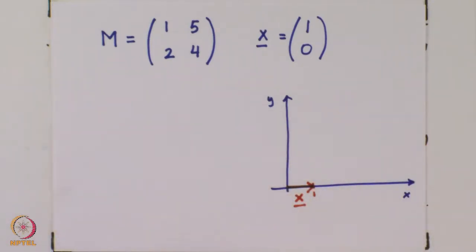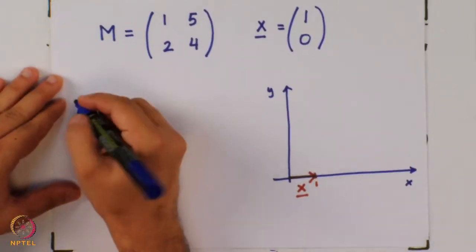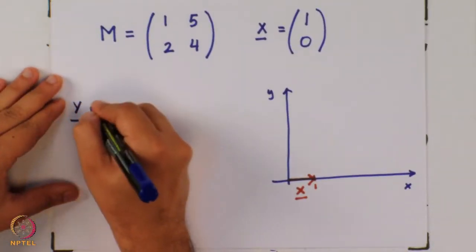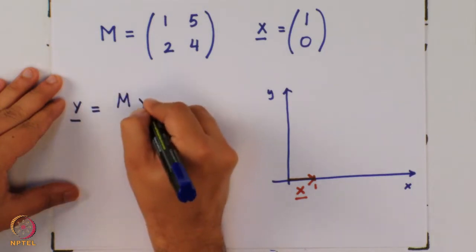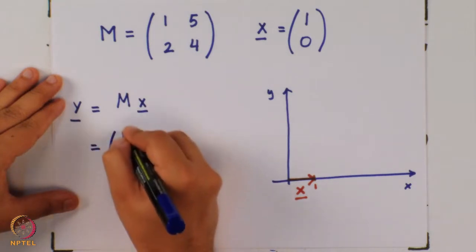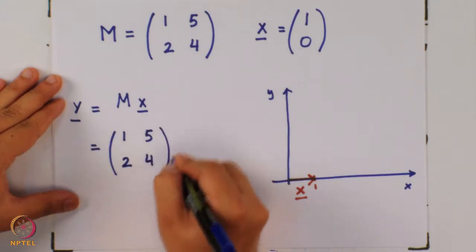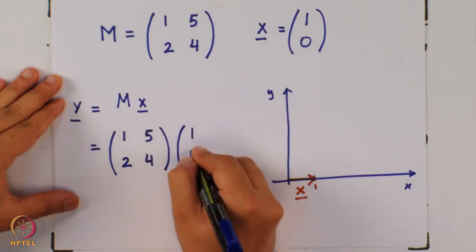Now, what happens when I multiply this with my matrix? Let us say that I call y equals M times x, and I get this to be equal to 1, 5, 2, 4 times 1, 0.